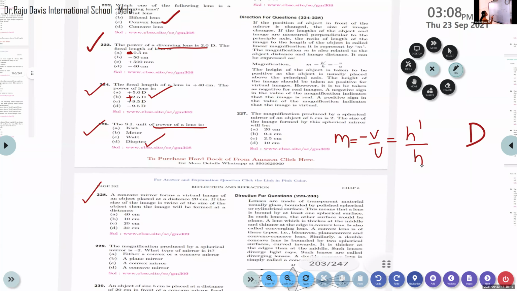The object distance U is equal to minus 20 centimeter. And the size of the image is twice the size of the object, that is, the magnification is 2. So magnification M is equal to 20 into 2. What about 20 into 2?